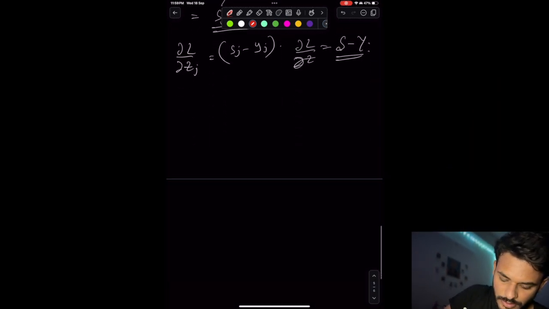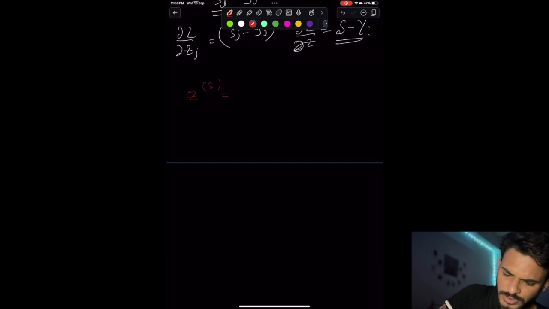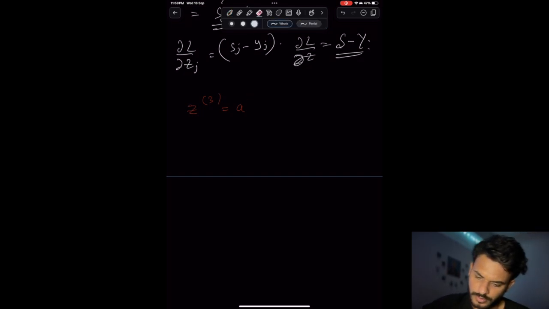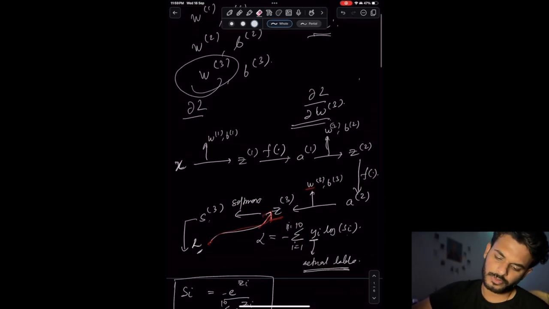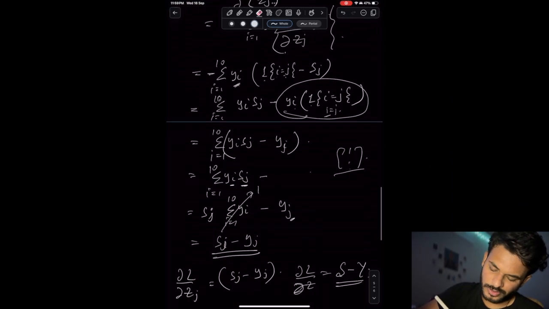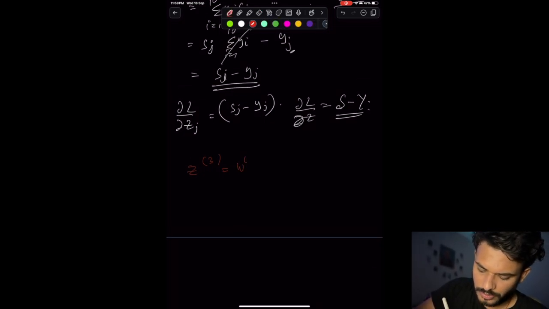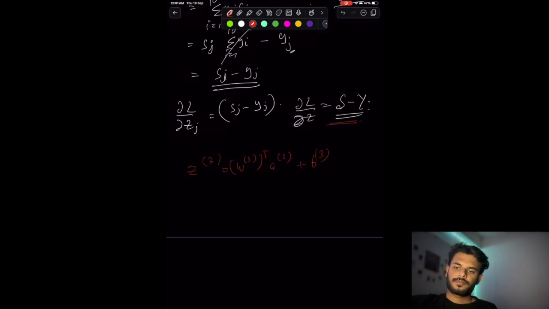If you see, Z3 is basically A2 into W3 plus B3, or something like this. W3 transpose A2 plus B3. Now I'm writing it in matrix form, it doesn't matter.